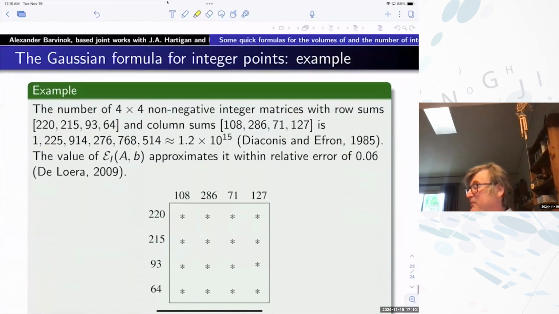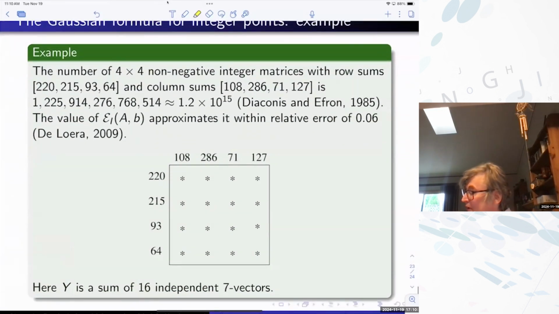So here are some examples. Again, so-called contingency tables, taken from a paper of Diaconis and Efron. So we want to count the number of 4x4 non-negative integer matrices with these row sums and those column sums. Why is that?